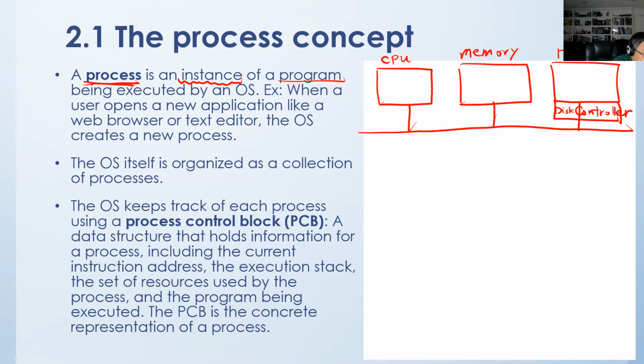A computer may have some other peripherals. For example, most computers are going to have a monitor, and it is connected to the bus through a controller as well, sometimes called a graphics card.